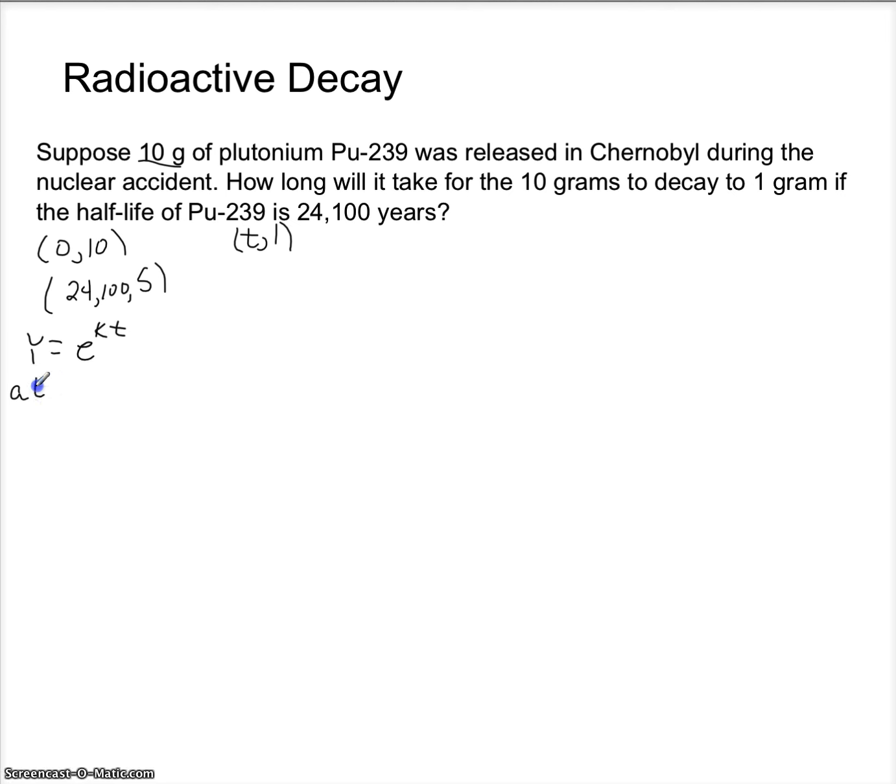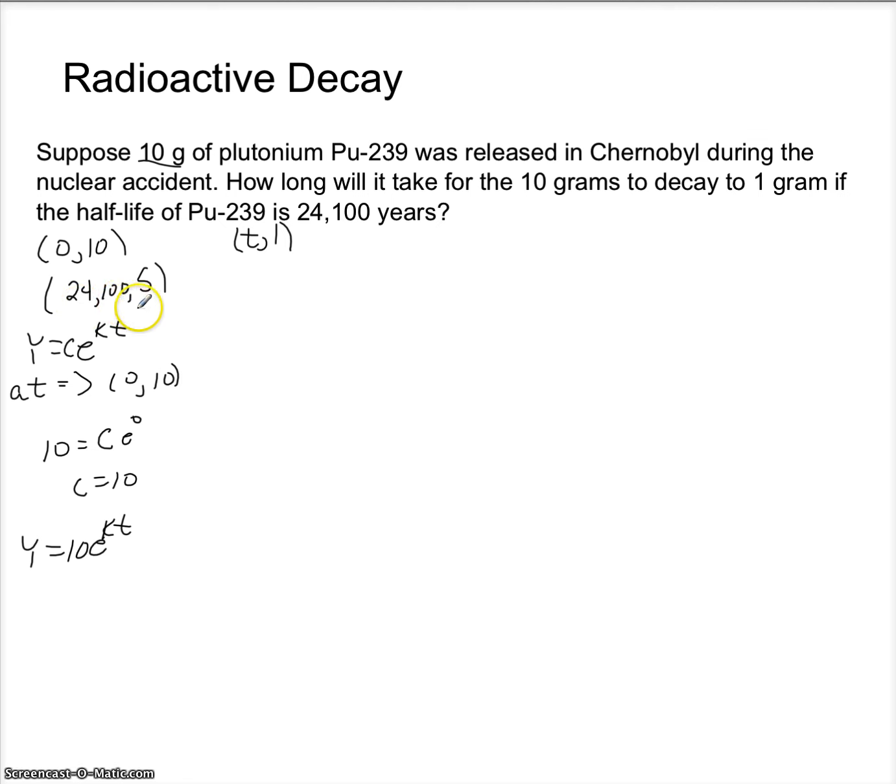At (0, 10), I have 10 is equal to, oops, forgot my c, c e to the 0, so c is equal to 10. Good going. So I know I have the equation y equals 10 e to the kt.